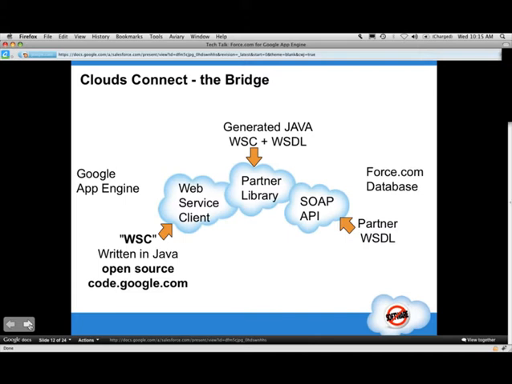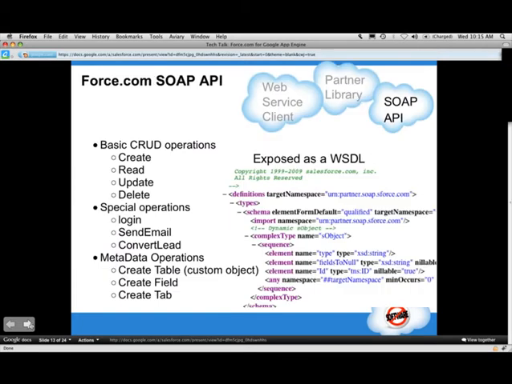So the SOAP API is described by the partner WSDL, and this is documented on our developer website. We won't spend too much time talking about it, but let's at least describe the parts that we're going to use. The SOAP API provides these basic create, read, update, and delete operations on our database.